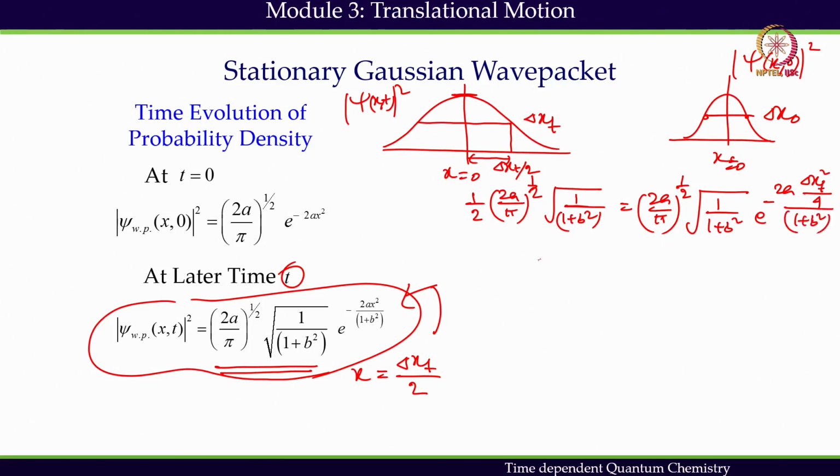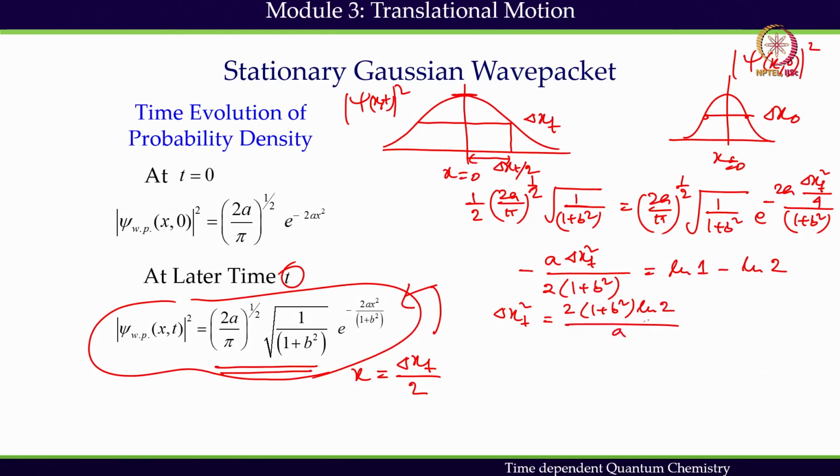So what I have is now minus a delta x t whole square divided by two into 1 plus b square equals ln 1 minus ln 2, or delta x t whole square equals 2 into 1 plus b square ln 2 divided by a.